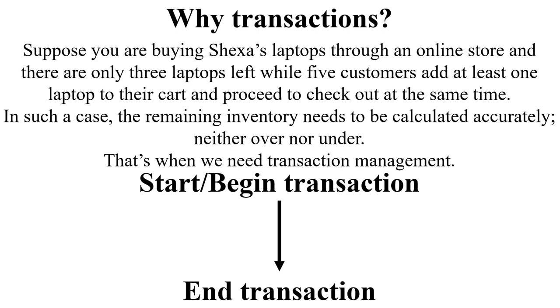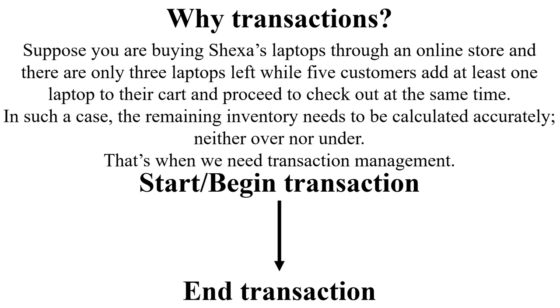Once every instruction inside the transaction is executed successfully, we can say our database remains in a consistent state. So we have to start and then end. Everything that we run in between is part of the transaction.